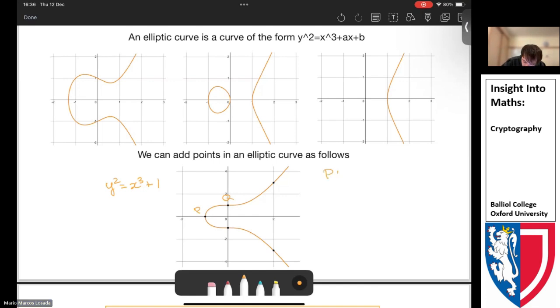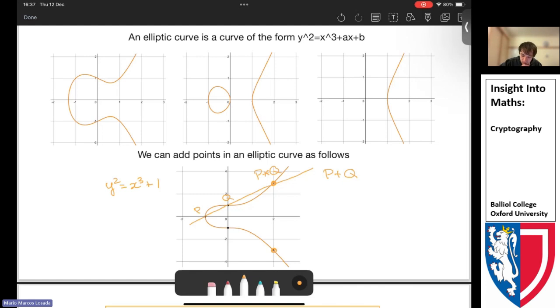So what we do is we draw the line that goes through the points P and Q. Now, this line is going to intersect the elliptic curve at a third point, right? Which we can call, say, P star Q. So this is the third point of intersection of the line that goes through P and Q with our elliptic curve. And now the next thing that we're going to do is reflect it along the y-axis.